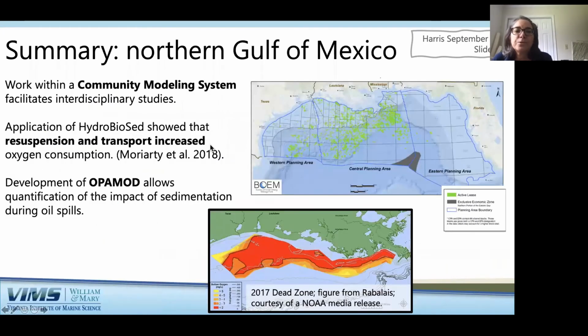And so to summarize, the work we've done in the Gulf of Mexico is, we're still working within a community modeling system. So that has allowed us to focus our efforts on the sediment parts of the model, but take advantage of the biogeochemical and the oil model that was also developed within the same system.